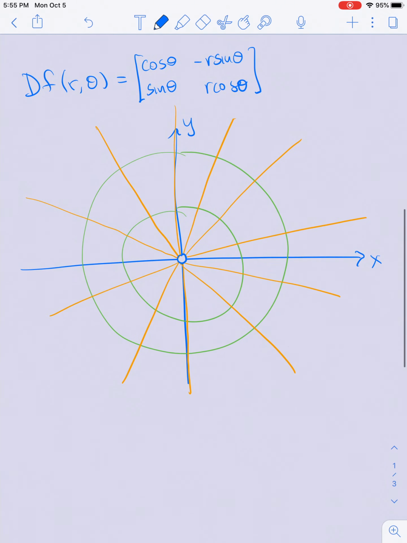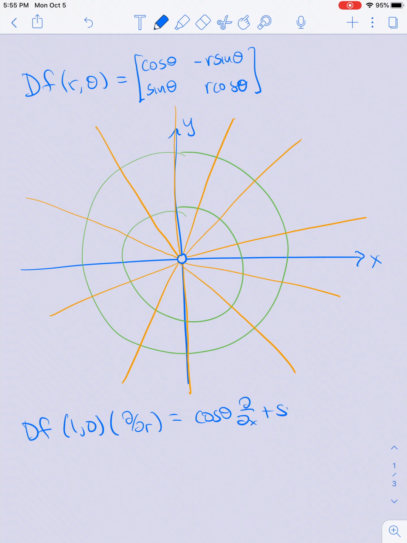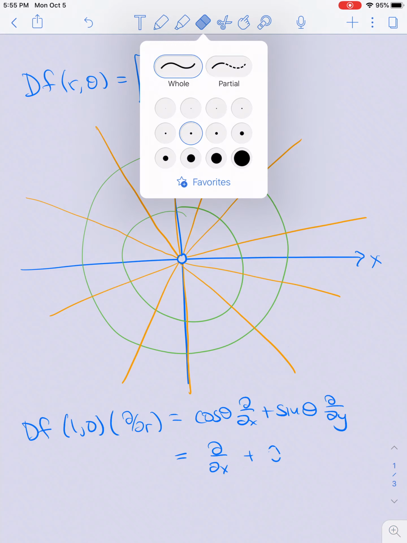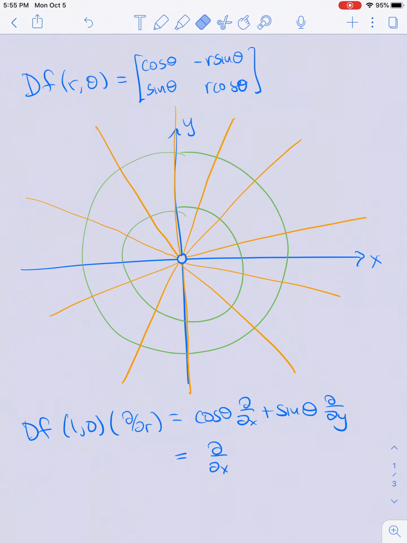So now I can think about what df at 1, 0, applied to the vector d by dr is. Well, this should just be cosine theta d by dx plus sine theta d by dy, and theta here is 0, so cosine theta is 1 and sine theta is 0, so I get no d by dy's.